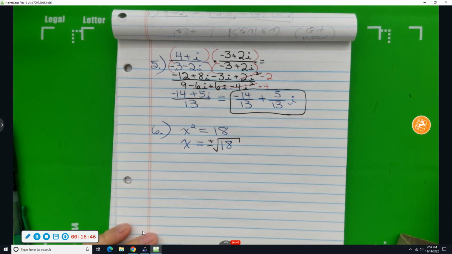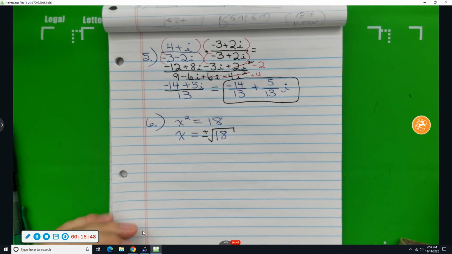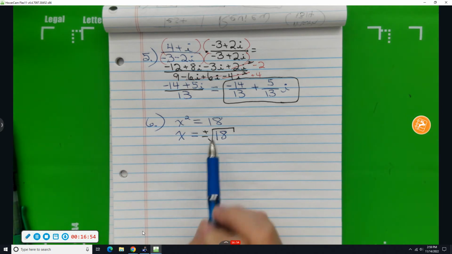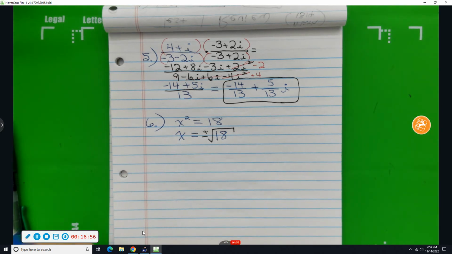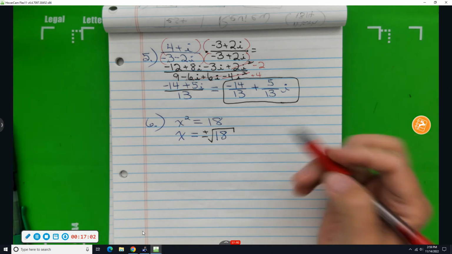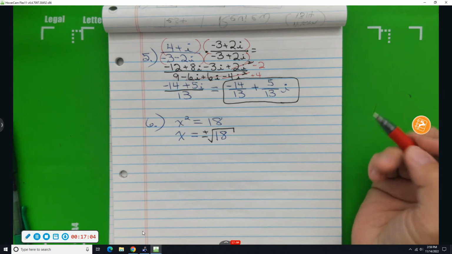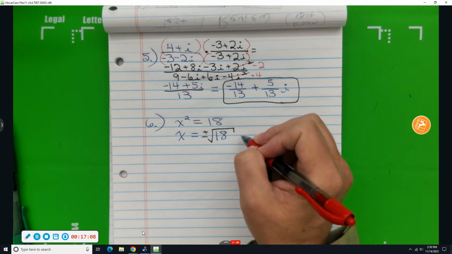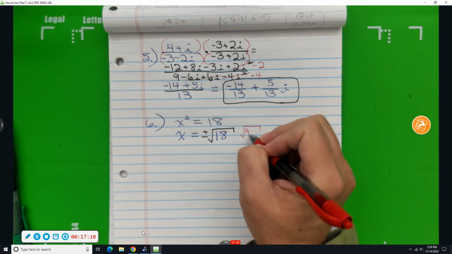Is my answer going to contain an i? No, because the thing under the radical is not negative. Is 18 a perfect square? No. What's the largest perfect square that divides evenly into 18? 9, so here's how you're thinking of it: 9 times 2.